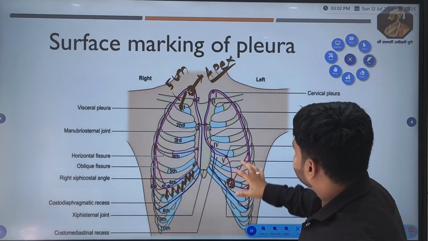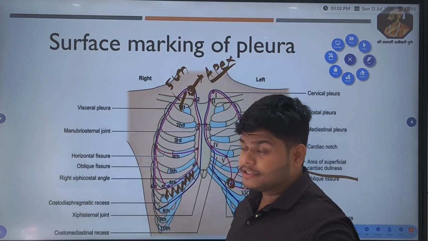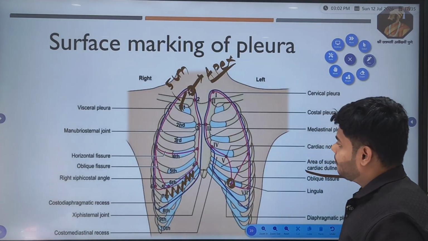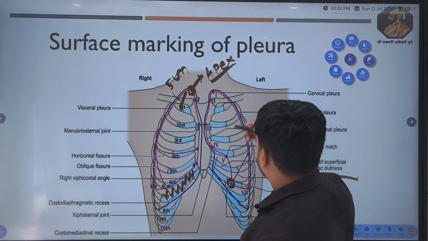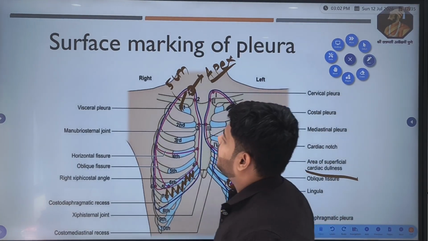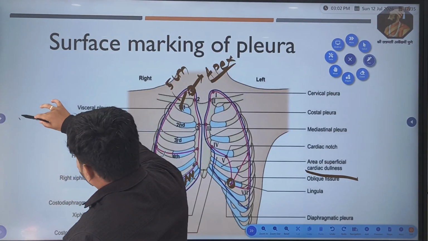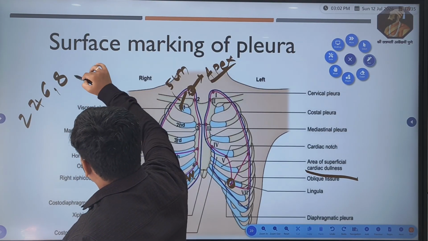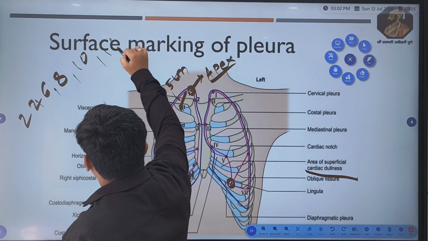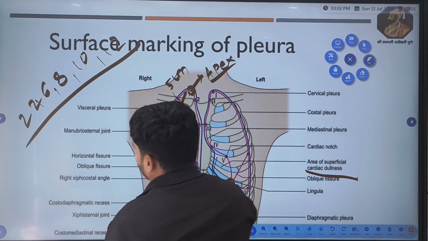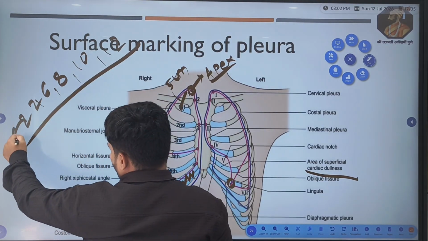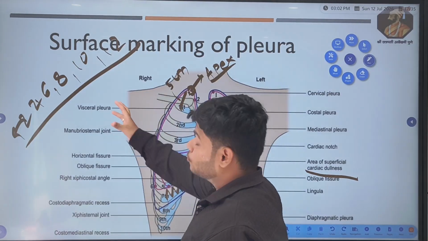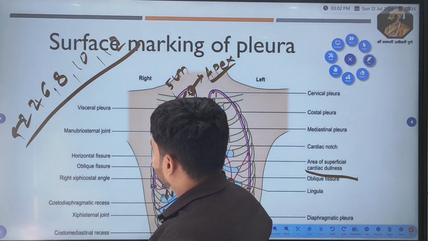This is a two-dimensional structure. Imagine it in a three-dimensional way, and to understand it there is a mnemonic: the even numbers show the root of the lung and the surface marking of the lung.